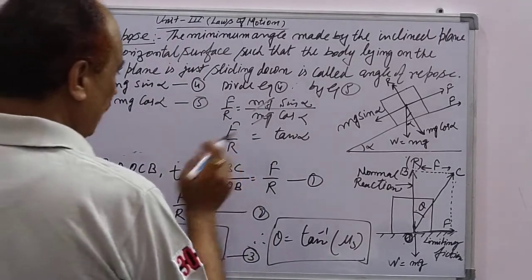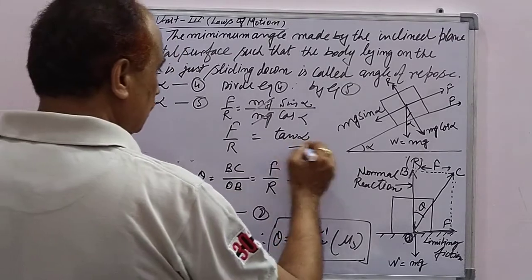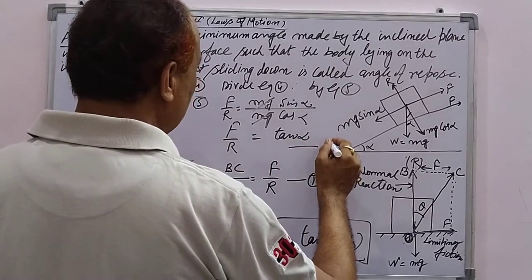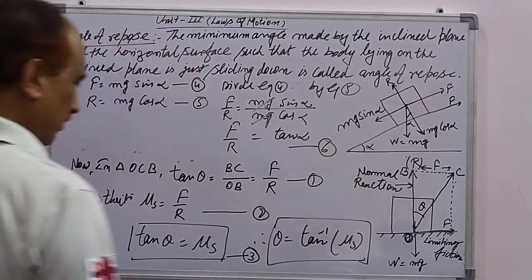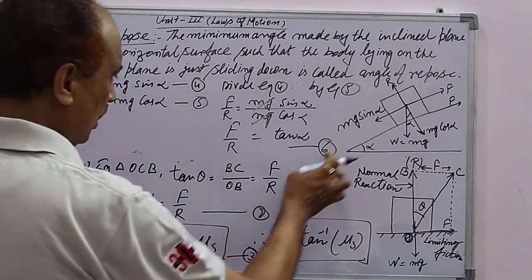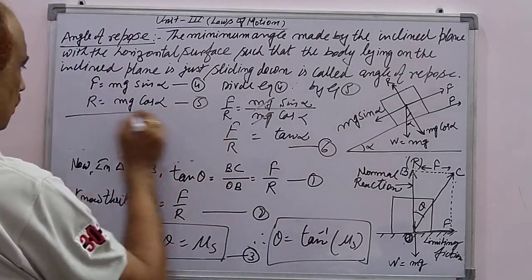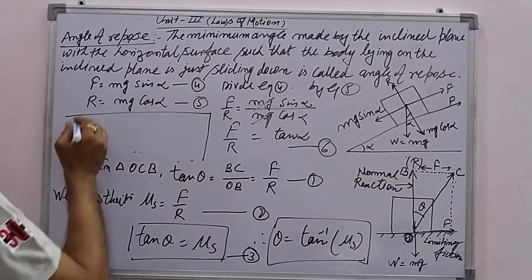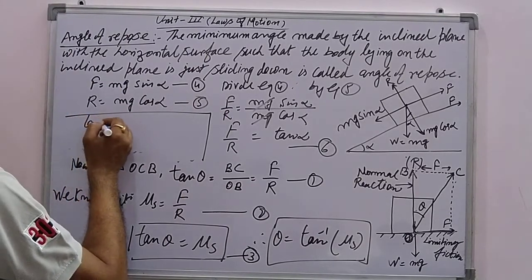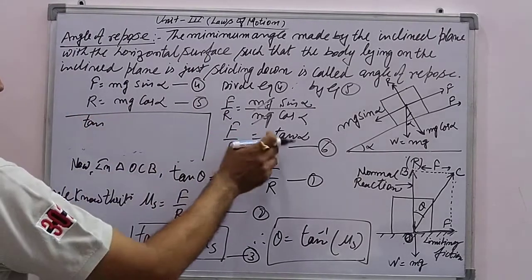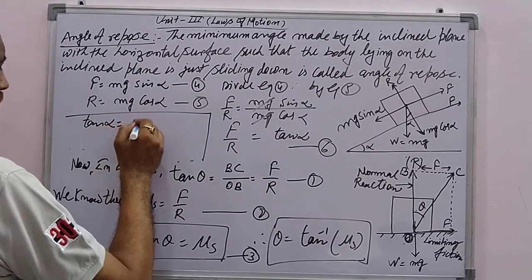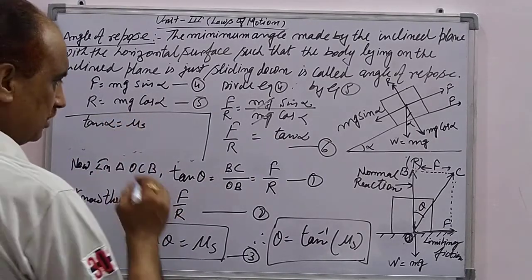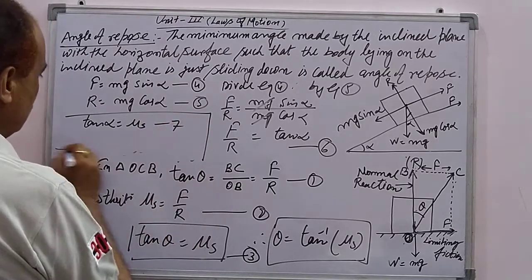This is equation number 6. Comparing equation 2 and 6, since F upon R equals mu s, tan alpha equals mu s. This is equation number 7.